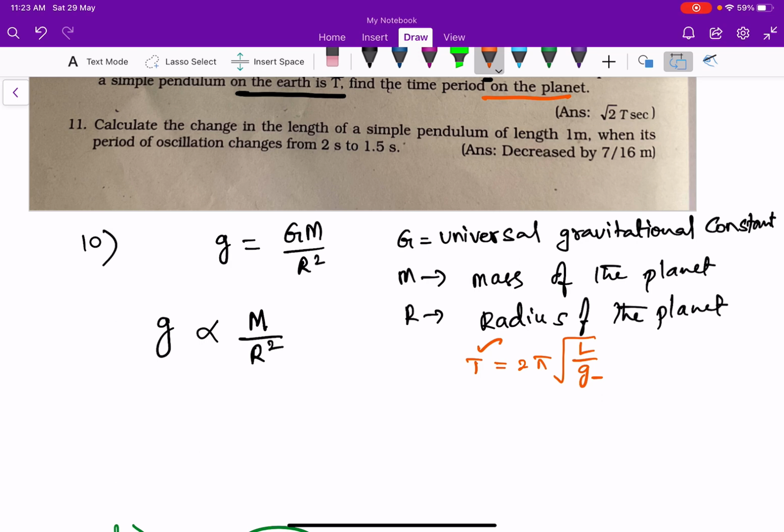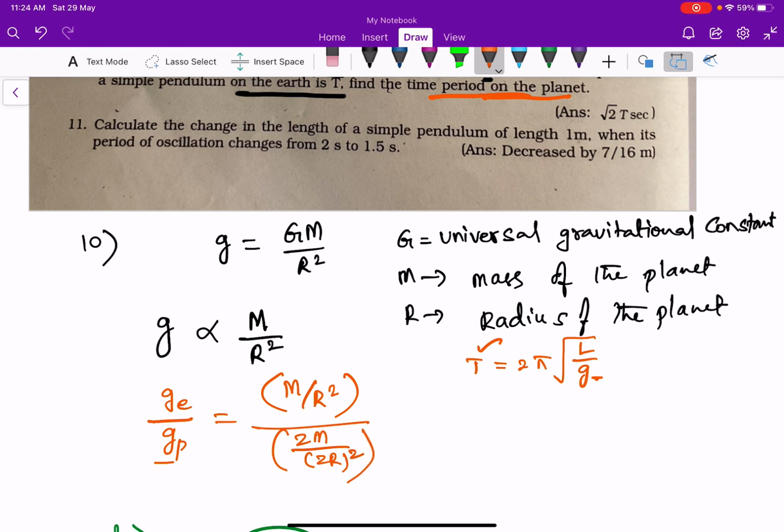If you want to find the time period on the unknown planet, we need to find out the g value on the planet. g on earth divided by g on planet is m by r square divided by 2m by 4r square. So m and m get cancelled, r square and r square get cancelled.